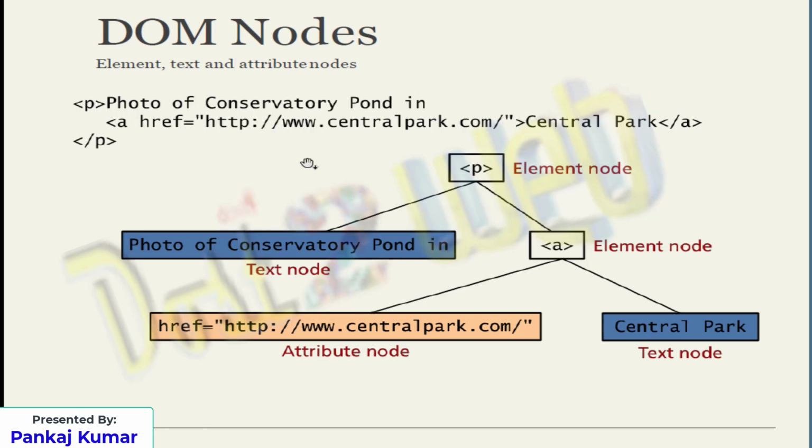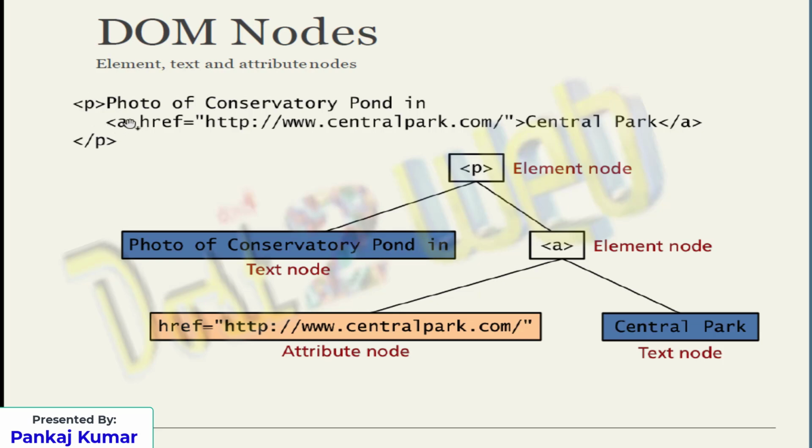Let's see an example for the element, text, and attribute, and how it will be. You can see I'm using a paragraph tag here. In the paragraph I have given some text like a photo of conservatory font, and then I am giving an anchor tag, a hyperlink, and I am giving some link through which you are going to access it, and then close the paragraph.